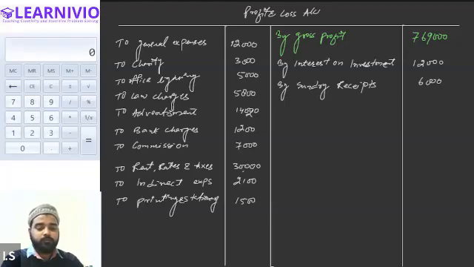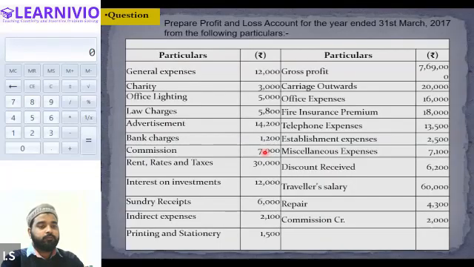Then we have already recorded the value of the gross profit. Carriage outward is there. Carriage outward basically means expenses incurred on selling the product. That means this is also an indirect expense. So 20,000 on the debit side.